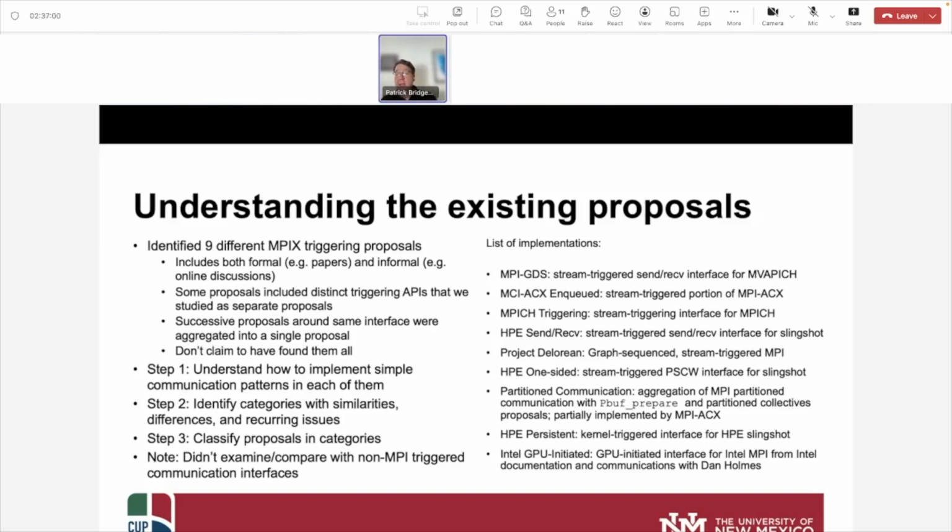So you can see that the implementations and specifications that came up on the right, those range from some work from the late 2010s in MPI+X called MPI+GPS, to a variety of proposals, some of which have implementations, some of which don't, up to an Intel GPU-initiated interface from Intel MPI that Dan Holmes was helpful enough to give us, was very helpful to provide us more information on.